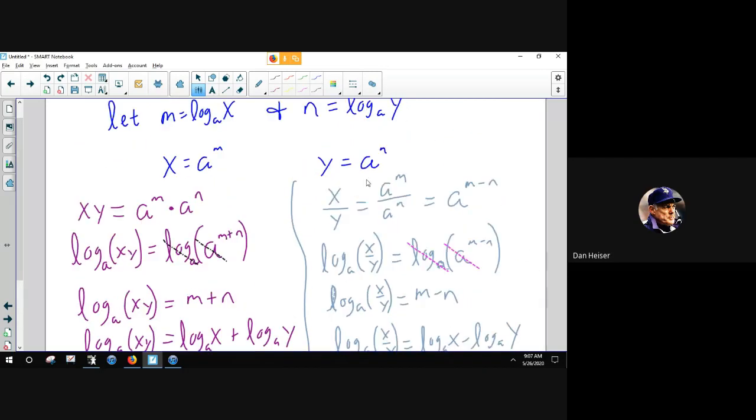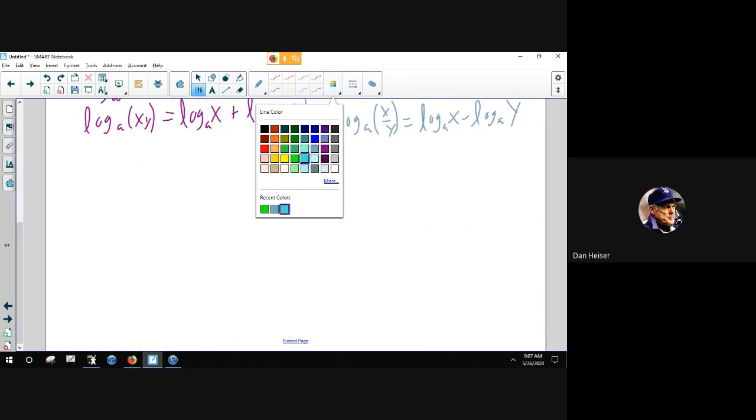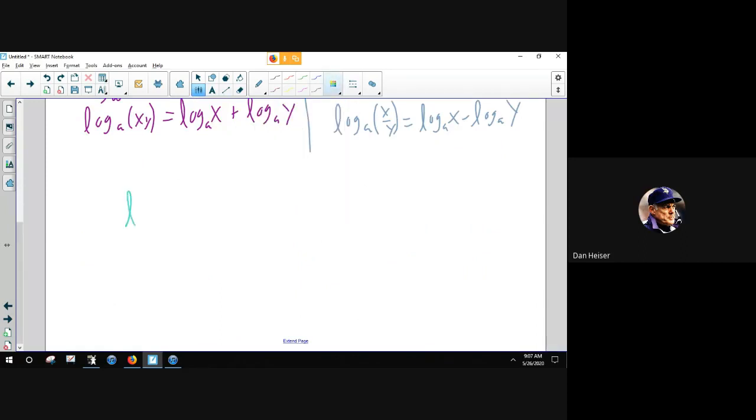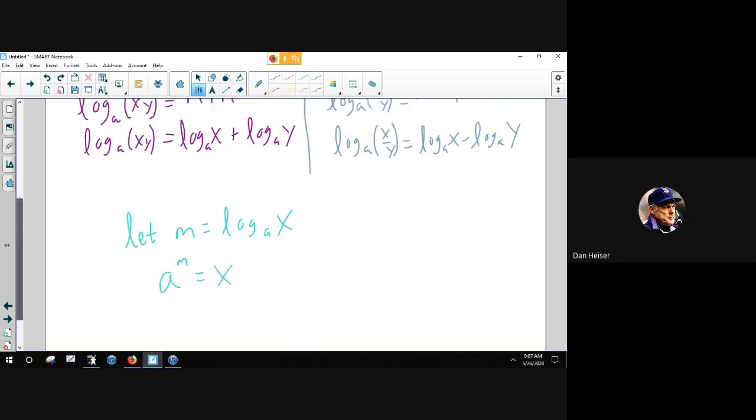For the third property, all I need is one of these. So I'll just rewrite this. Let m equal log base a of x, which means a to the m is equal to x.